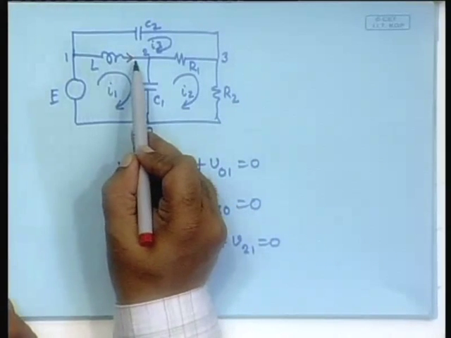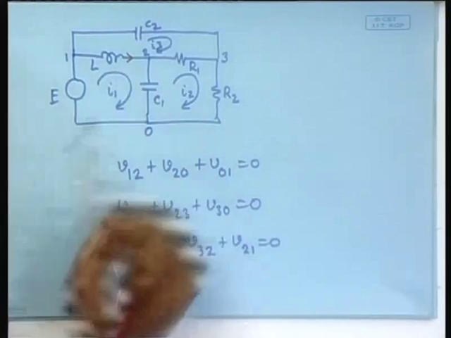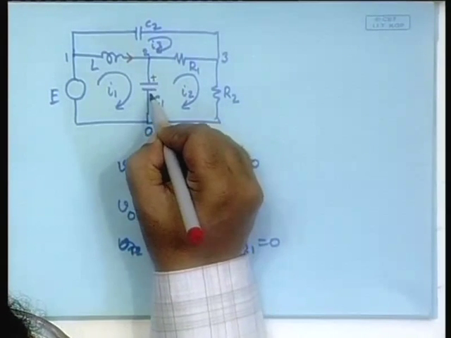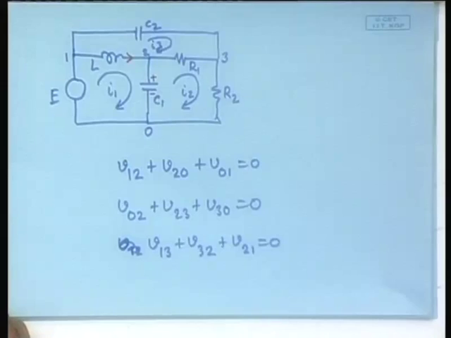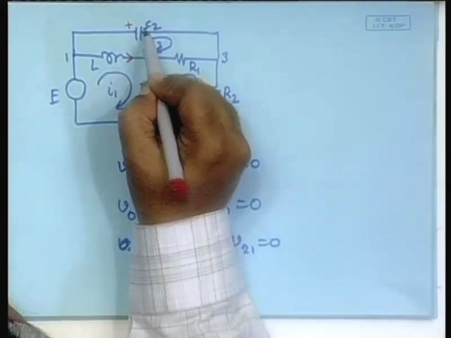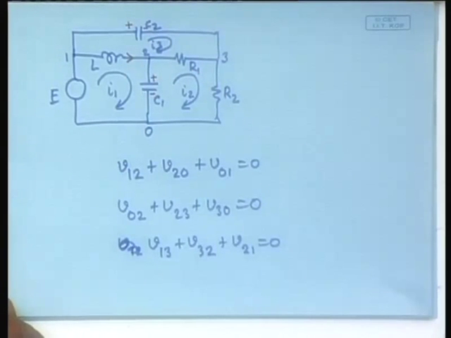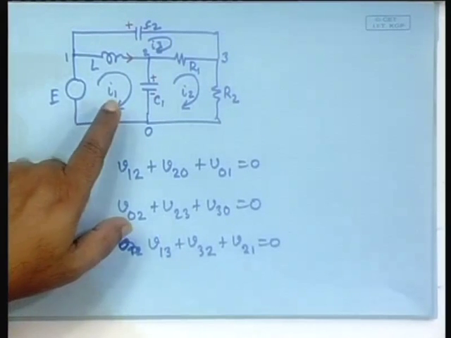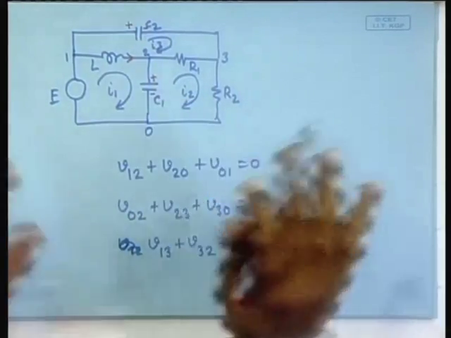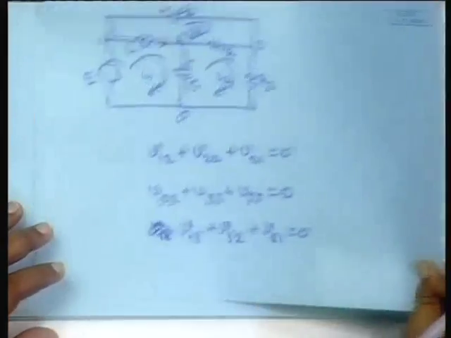Suppose this direction of the current is called positive, say this direction of the voltage is positive, and say this direction of the voltage is positive. So, that is my convention of positivity. Whenever it takes this value, it will be positive, else it is negative. Now, what is IL?